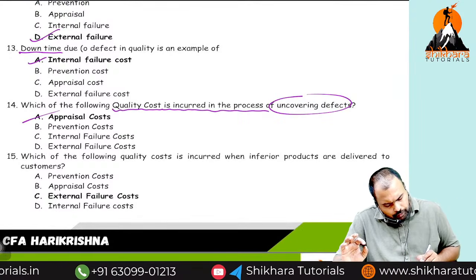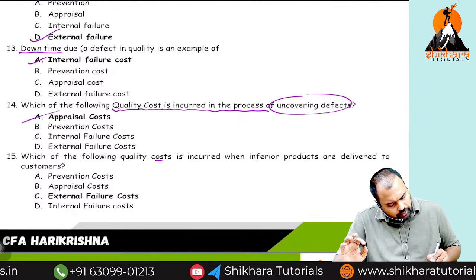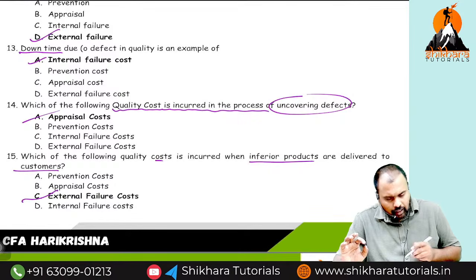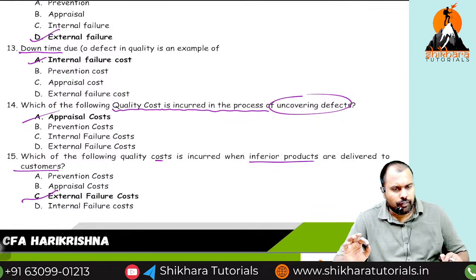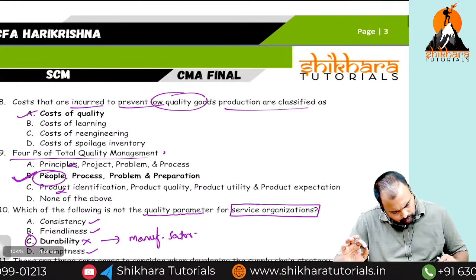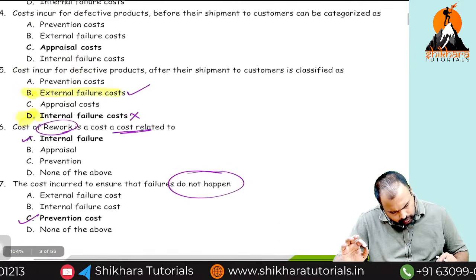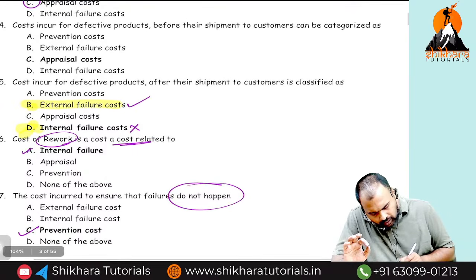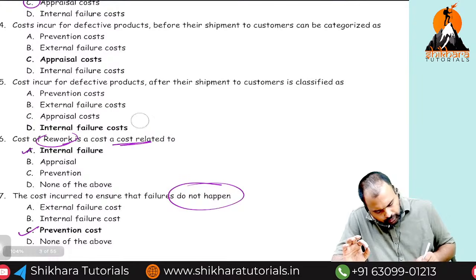Next, which of the following quality costs is incurred when inferior products are delivered to the customer? That is after delivery, so it has to be external failure cost. Okay, sir, this one is not a delivered case. It's correct, internal failure only.